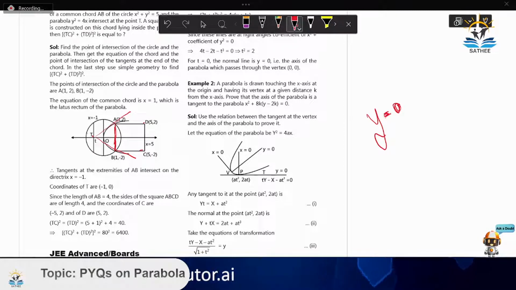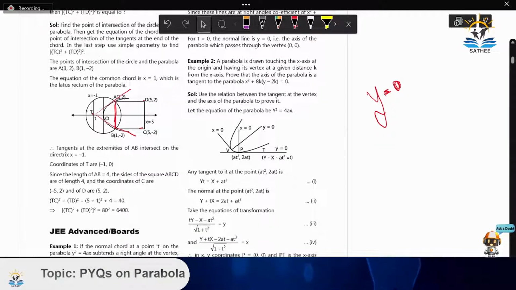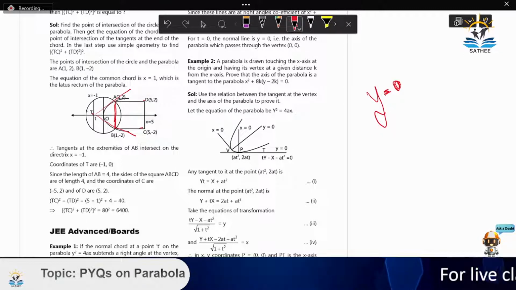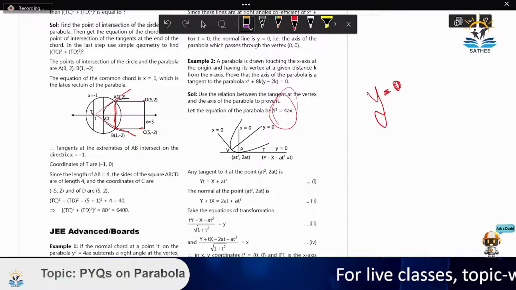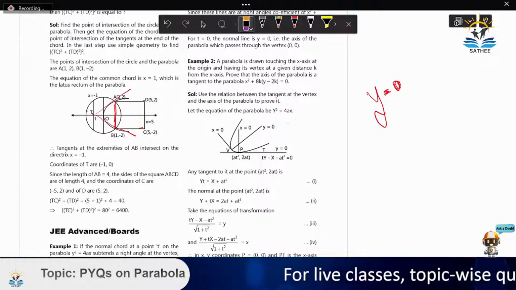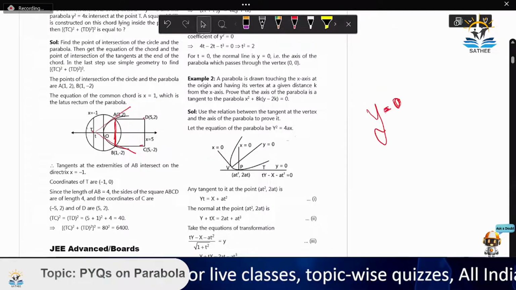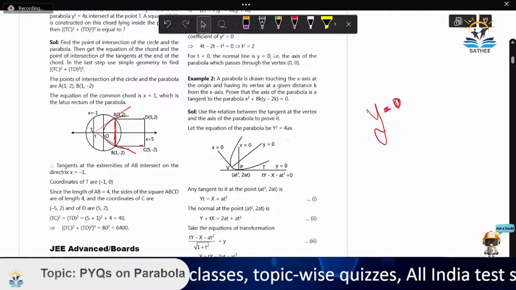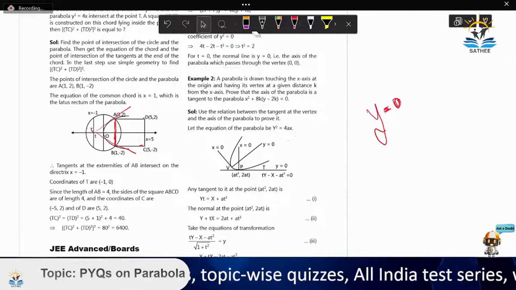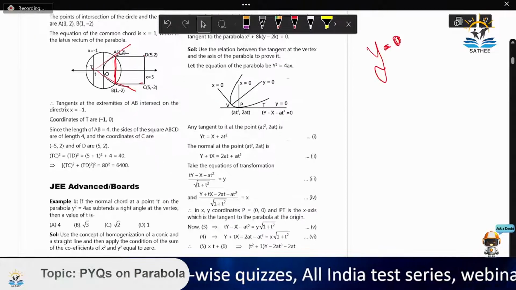And we have a vertex whose distance we are aware of. We know that the origin has been shifted here and it's a tilted parabola, so we cannot consider the equation to be like this. I'll tell you why, because it could give you some problematic solutions. Since it would be a tilted parabola, we can just change the axes here.